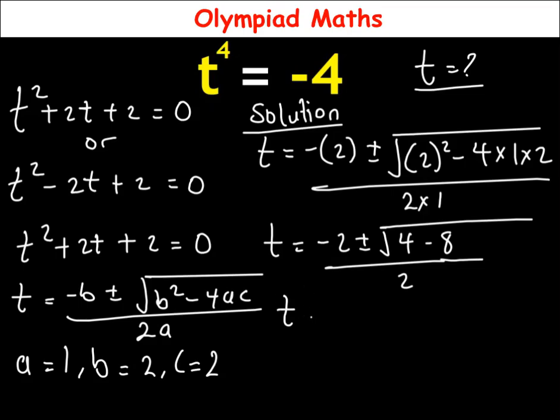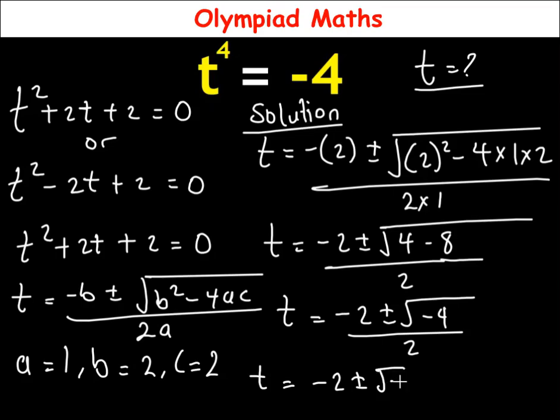From here, t is equal to minus 2 plus or minus the square root of 4 minus 8, which is minus 4, all over 2. And this is then equal to minus 2 plus or minus root of minus 4, which can be written as root minus 1 times root 4, then all over 2.